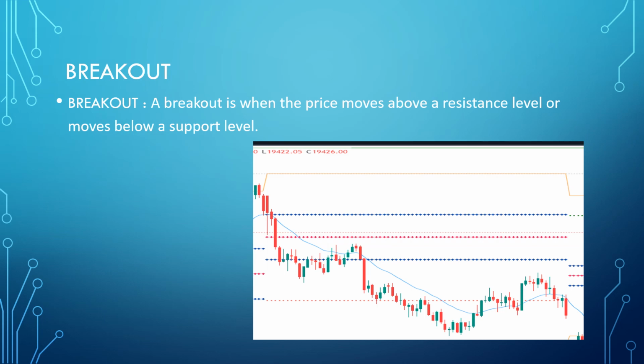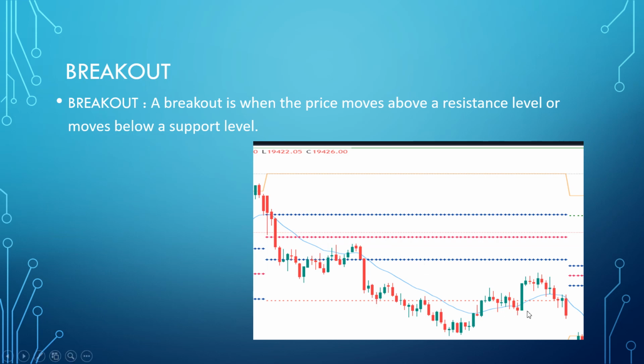What we have to do is, once we see a breakout, we enter and place our stop losses and targets, and just stay still, whether it takes our stop loss or it reaches our target. This is how we have to be. Now I think you have understood the breakout.